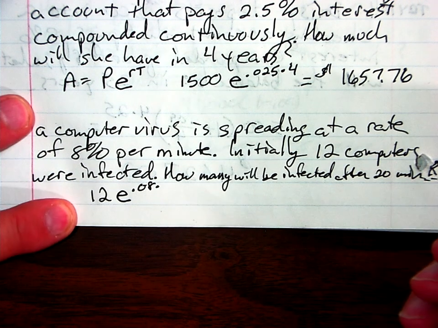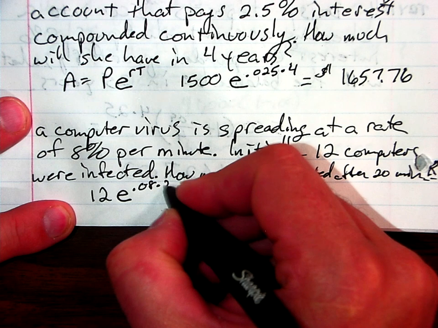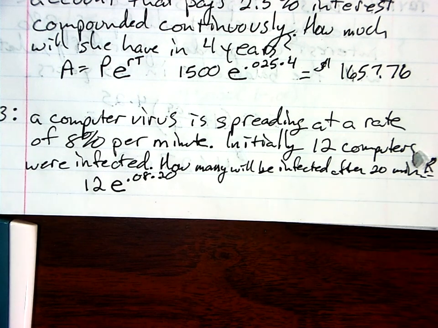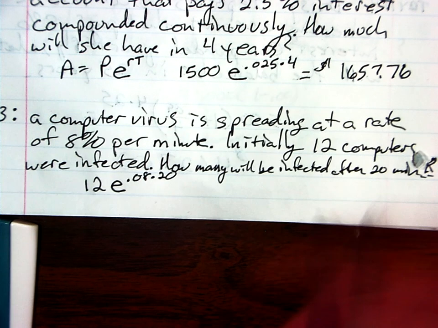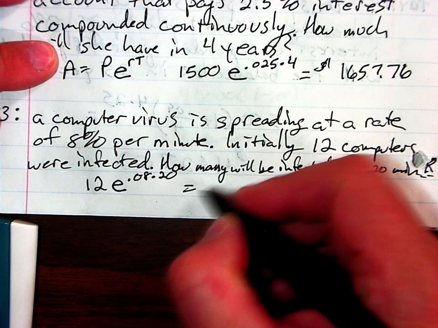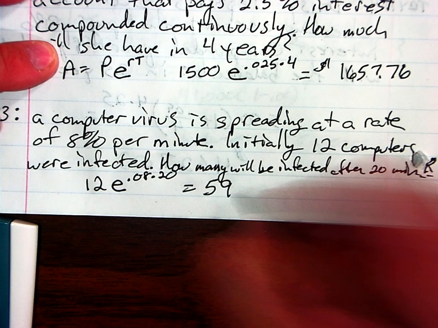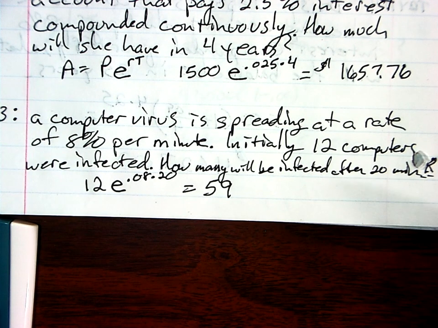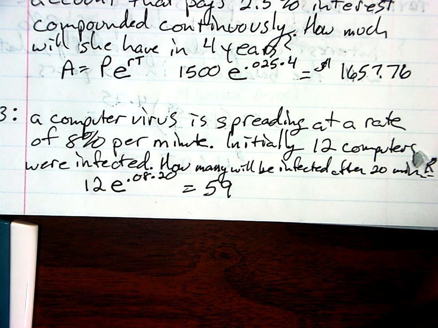And our time, how many minutes does it want? So just plug that into your calculator and let's see what it says. Should say 59.436. Can we have 0.4% of a computer infected? So we're going to round down to 59.